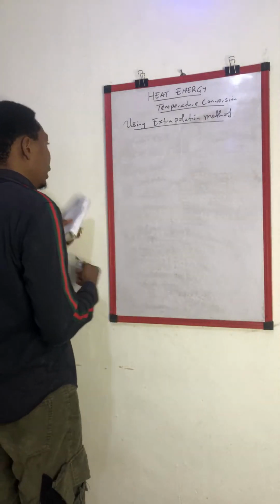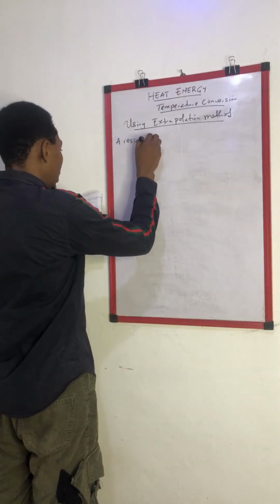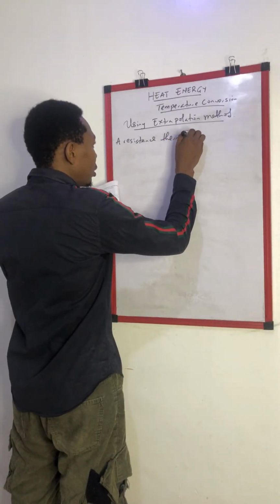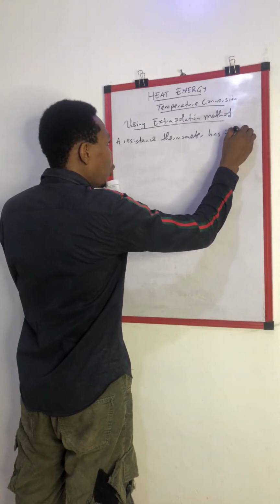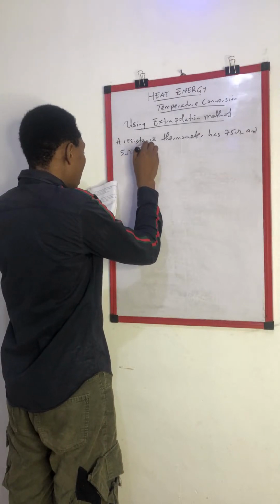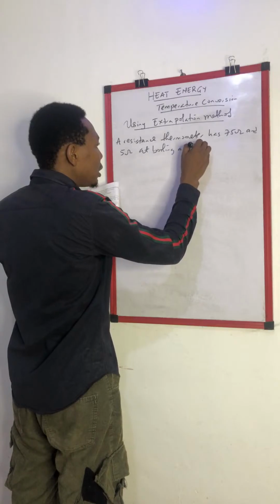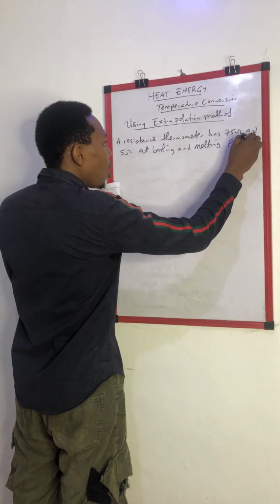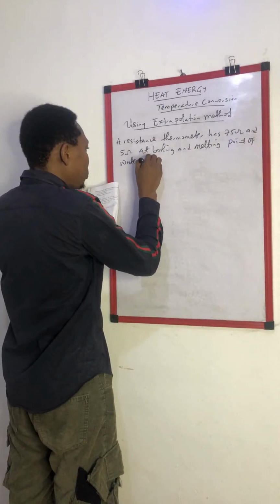They said a resistance thermometer has 75 ohms and 5 ohms at the boiling and melting point of water respectively.